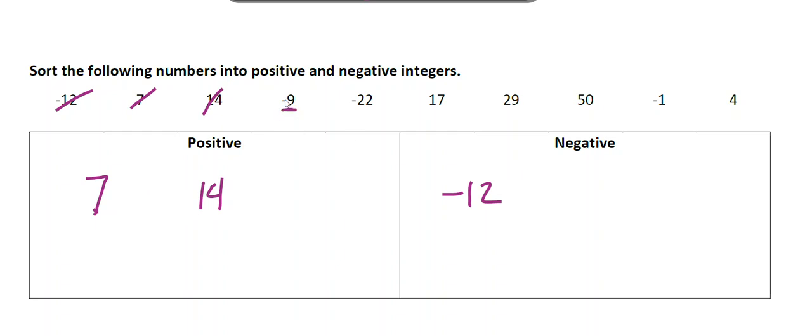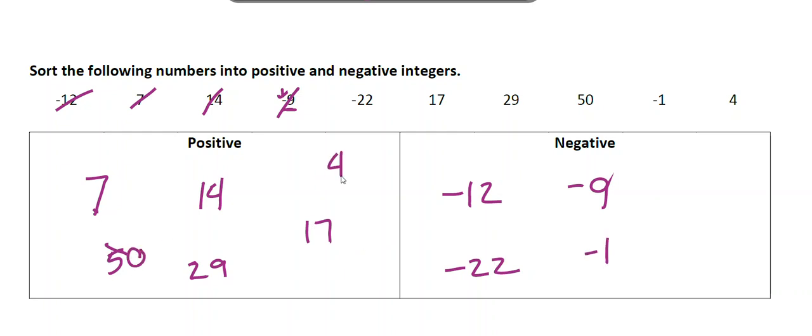This 9 with the negative sign in front of it, that's a negative number. Go ahead and finish the rest of those really quickly. So you have negative 22 goes here, 17, 29, 50, negative 1, and then 4. So that's what yours should have looked like.